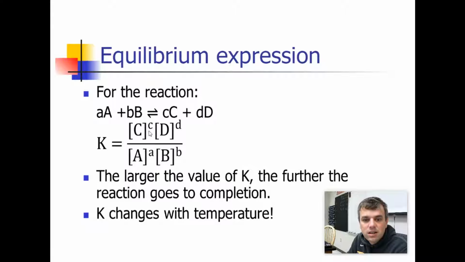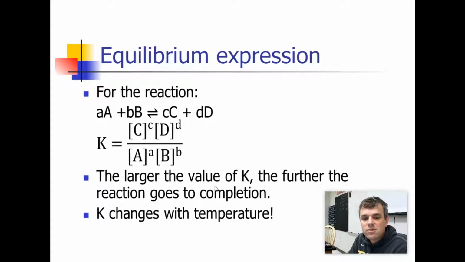The molarity of C raised to the power of its coefficient times the molarity of D to the power of its coefficient, these are your products, divided by the concentrations of your reactants raised to the power of their coefficients, equals your equilibrium constant. Once equilibrium is established, these things will be equal.